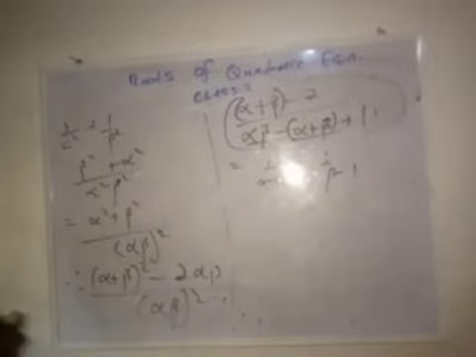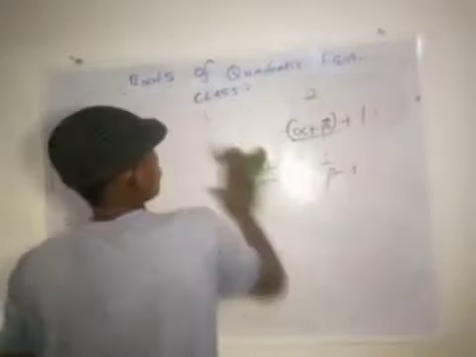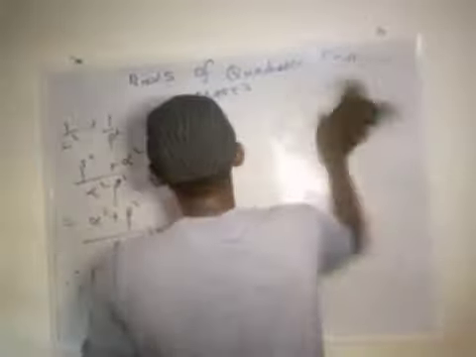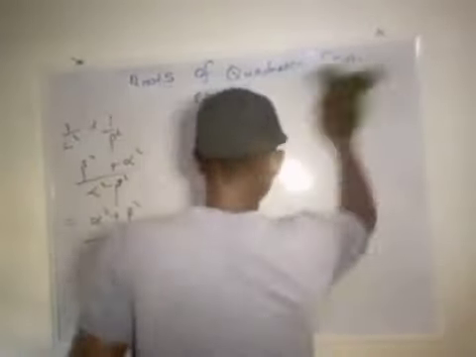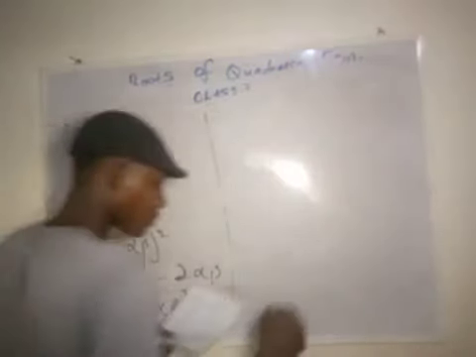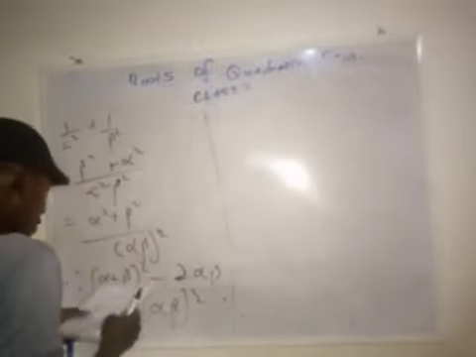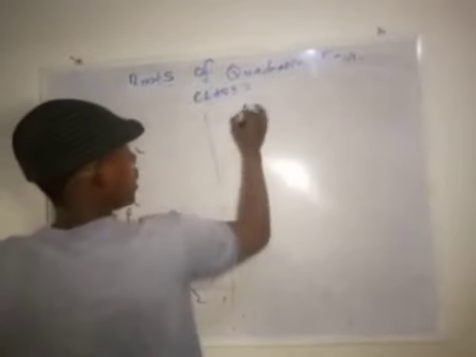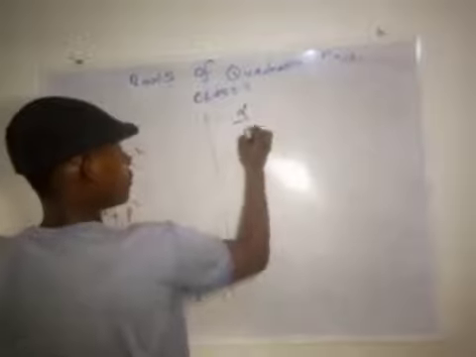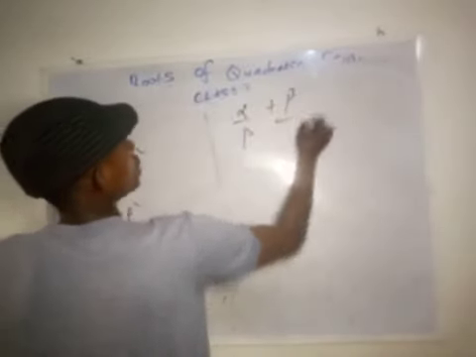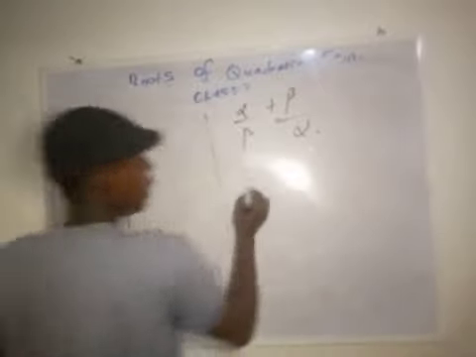Now, let's look at another one. Let's say we have something like this. Alpha over beta plus beta over alpha.